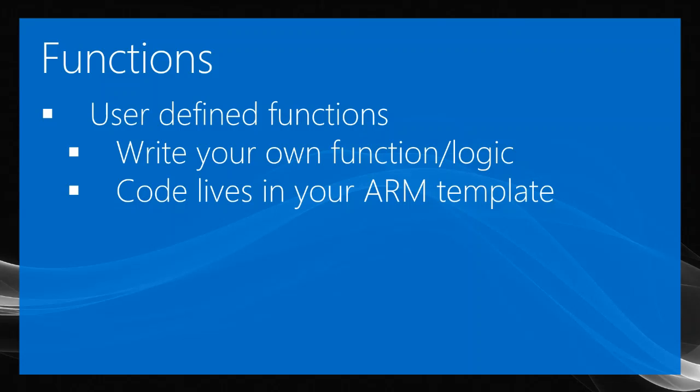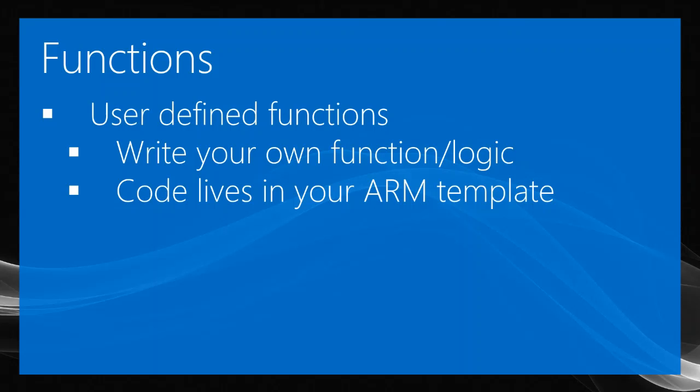And if the default functions are not enough for you, there's also a possibility to write your own functions. They are called user-defined functions. And there's a section in an ARM template which is named functions. And this is a place where you can add your own functions, define the input values or input parameters for your own function, and define the output values for your own functions.